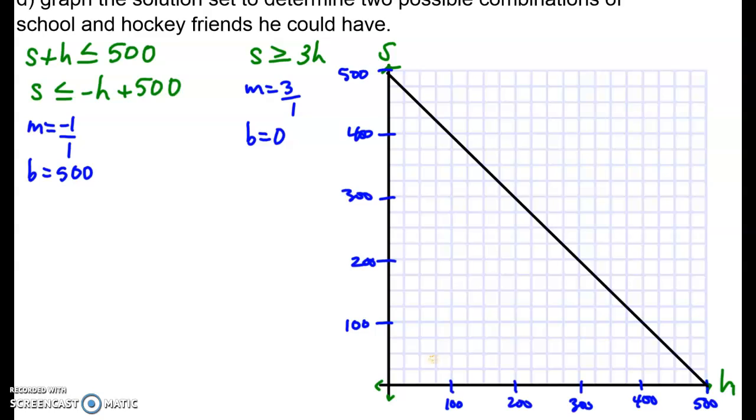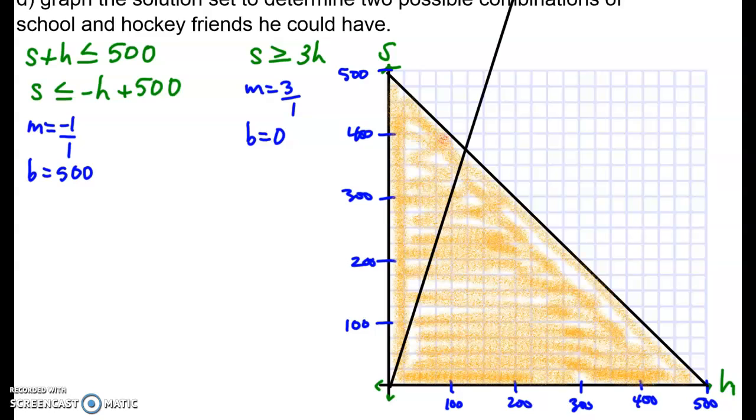So the first inequality, s is going to be less than the boundary line. So here s is less than. I'm going to shade this all in. And the second boundary line, we see that s has to be greater than the boundary line. So that's on this side of the boundary. And I'm going to shade that all in.